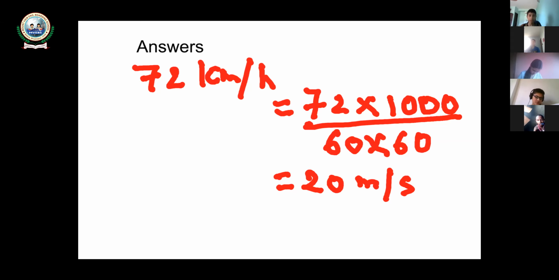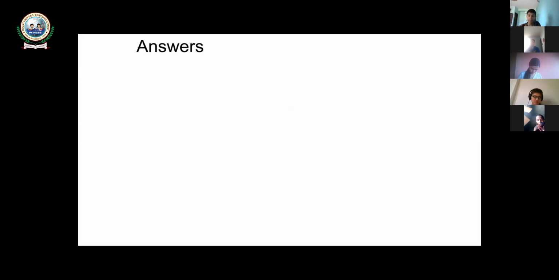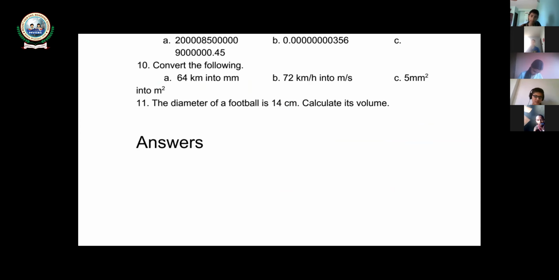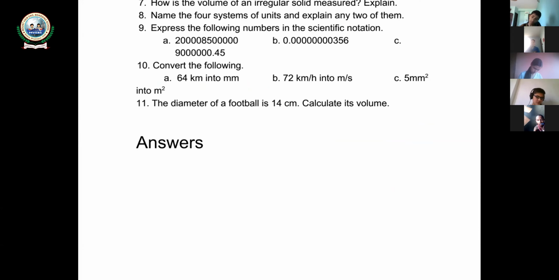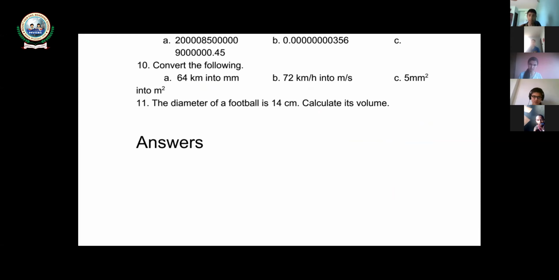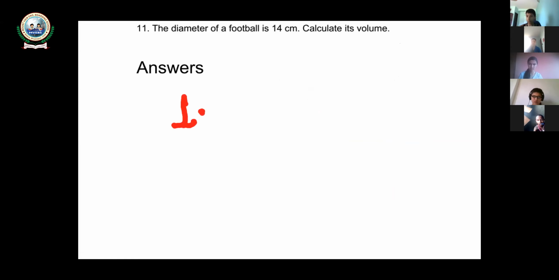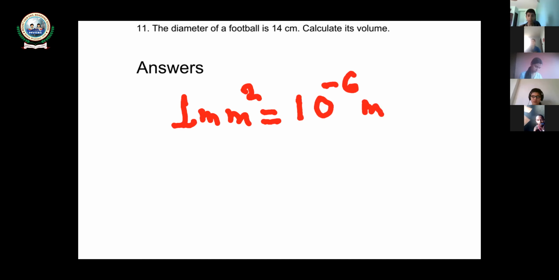Understood? Okay. Next question is, we have 5 millimeter square into meter square. The relation between millimeter square and meter square is, 1 millimeter square equals 10 to the power minus 6 meter square. 1 mm is 10 to the power minus 3 meter, but since it is square, there will be 10 to the power minus 3 into 10 power minus 3, then it will be 10 power minus 6 meter square.